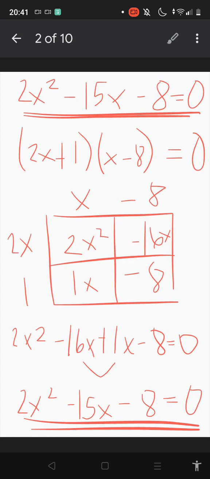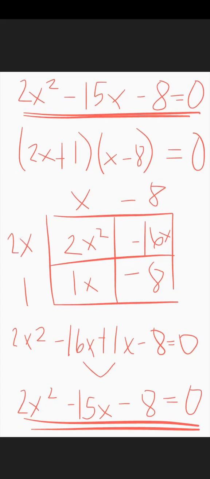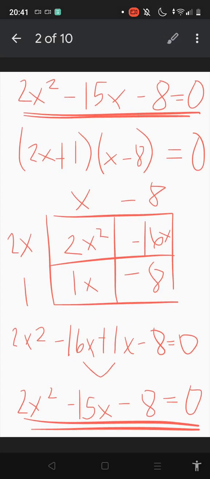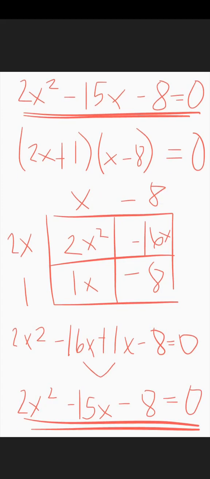Then we multiply 2x and x, which becomes 2x squared, and negative 8 times 2x is negative 16x. Next, x times 1 is x, or 1x. Then negative 8 times 1 is negative 8.